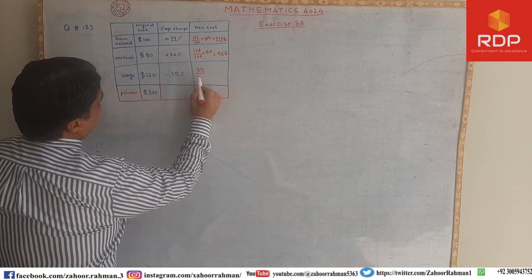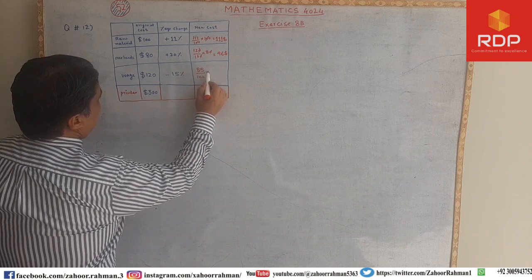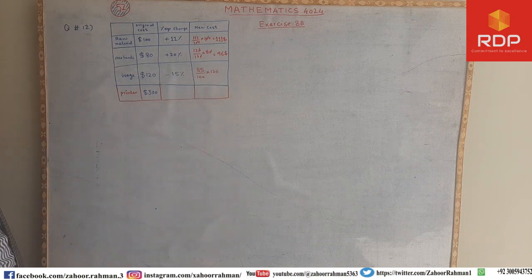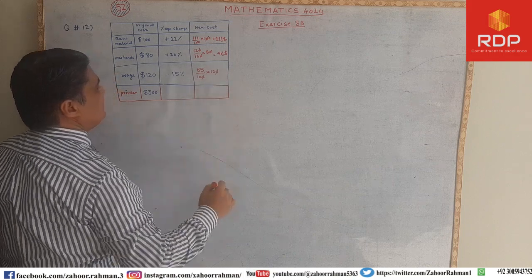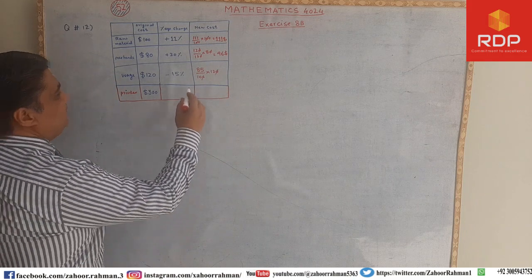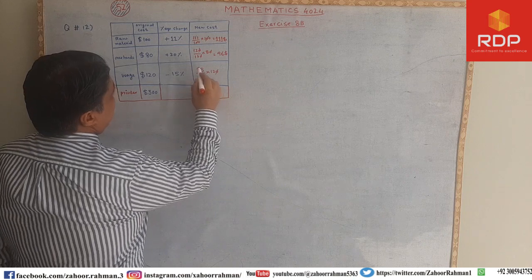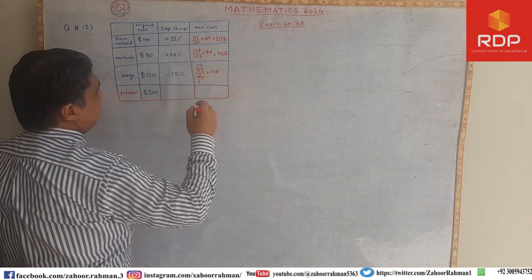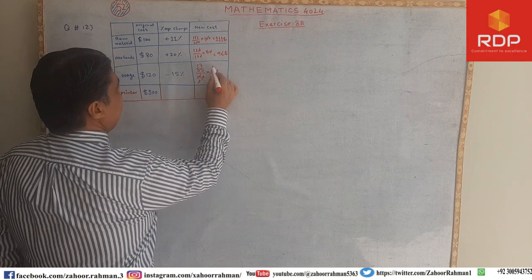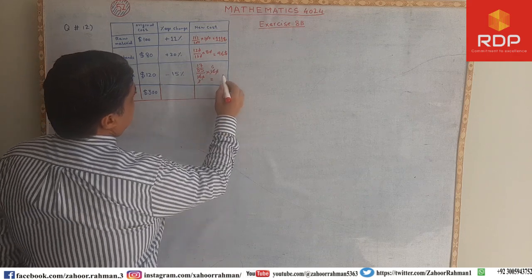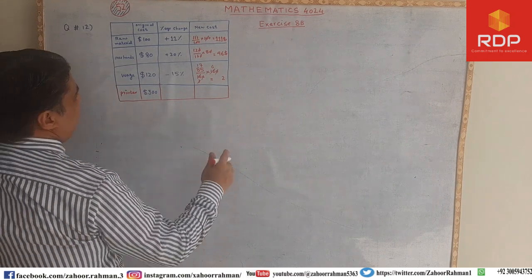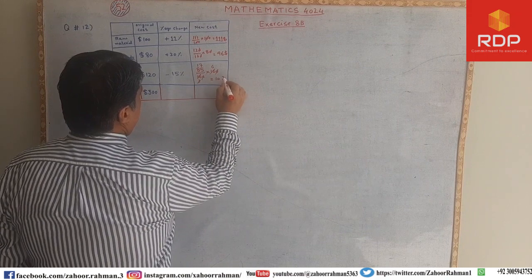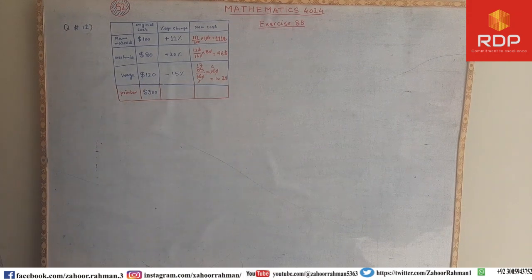So 85% of 120, we have to cancel this with this 0. 5 twos are 10, and 17 fives are 85, 2 ones are 2 and 2 sixes are 12. So the new cost will be $102.